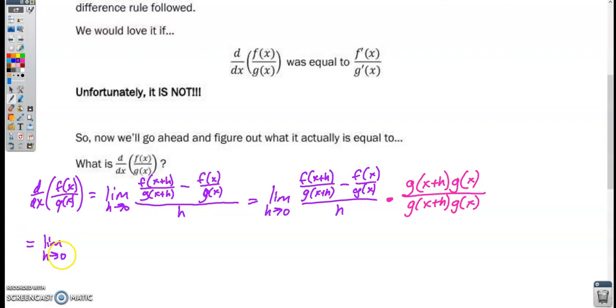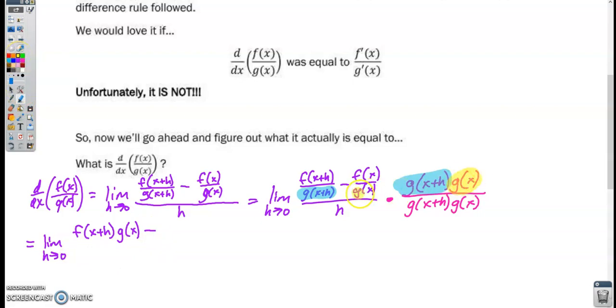When we multiply this times the first portion, the g of x plus h that's in the denominator here and the g of x plus h here cancel each other out. So we're left with the numerator of that first fraction times the remaining factor g of x. And then the same thing happens with the other term.